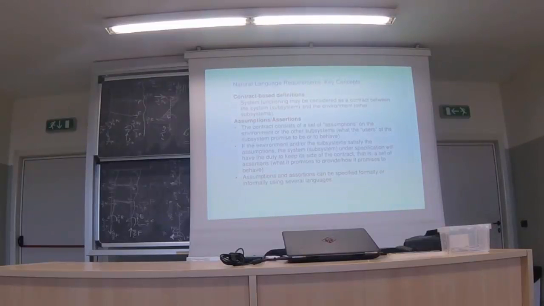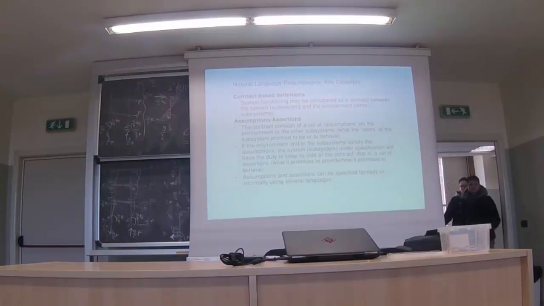Also, sometimes it happens that we are writing down a contract with some people that we are working for and writing our code for. So the system may be considered as a contract between, let's say, one of the subsystems and the environment, which are the other subsystems. Okay? So, if we are stating that these things should work like this, any other subsystem that is working alongside it will continue to do that.